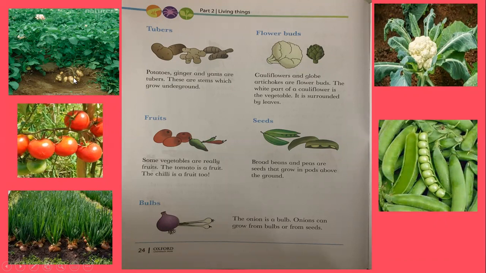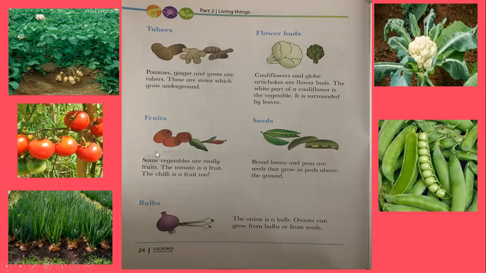Look how they grow inside the soil, inside the ground. This part is the part of a stem which is inside the ground. We call it a tuber. And potatoes, gingers, and yams are examples of this part of the plant. A stem which is inside the soil is called a tuber.